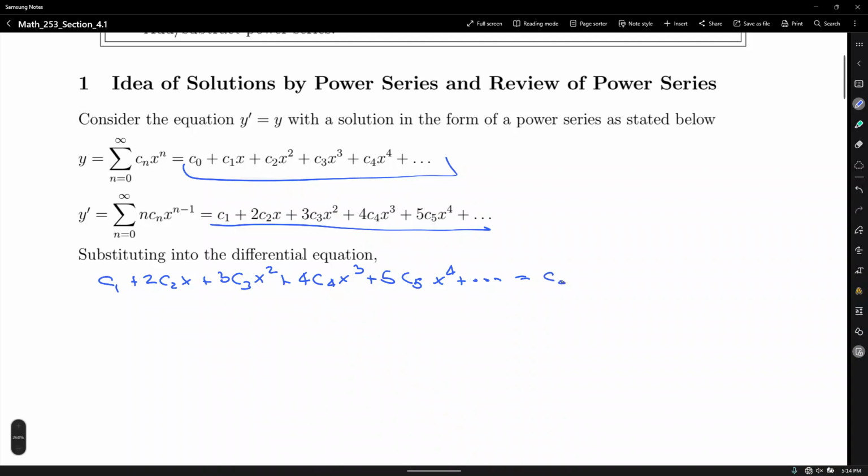That is C0 plus C1x plus C2x squared plus C3x cubed plus C4x to the fourth plus C5x to the fifth plus dot dot dot.